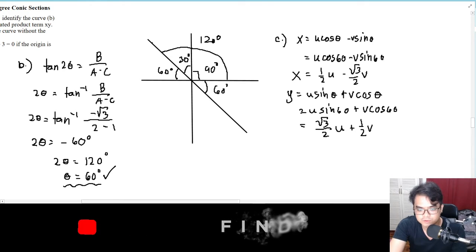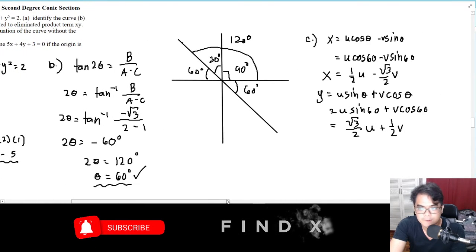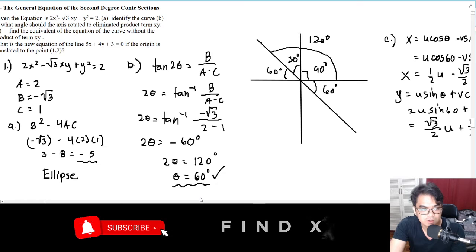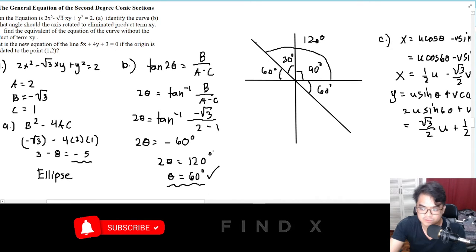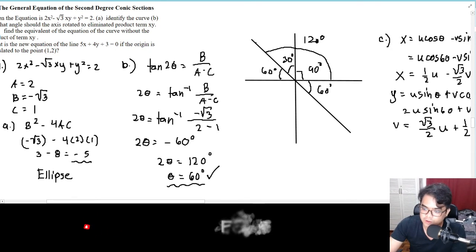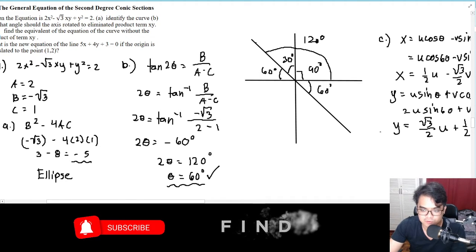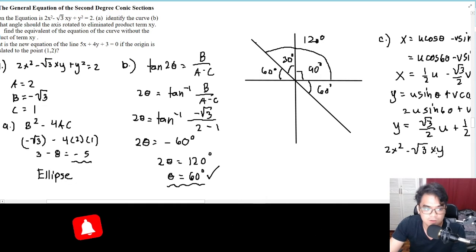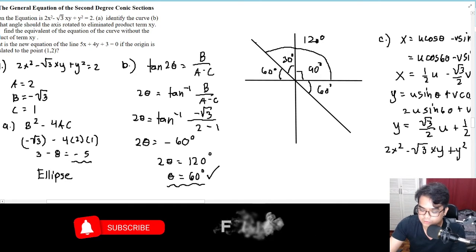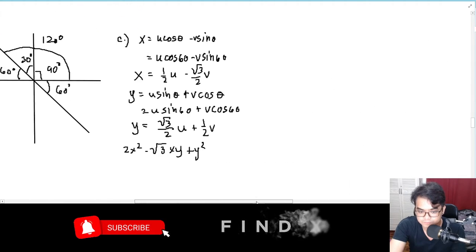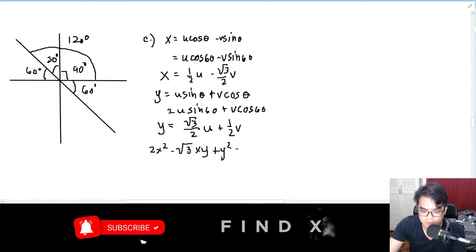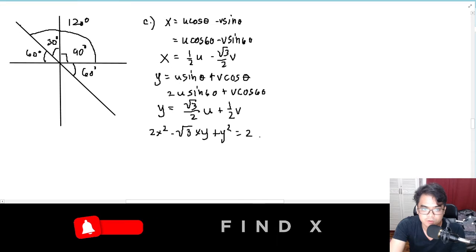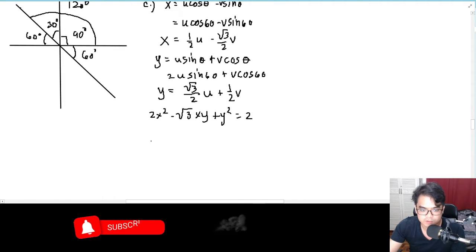With that, all you have to do is substitute those values into the original equation, which is 2x squared minus square root of 3 xy plus y squared equal to 2. So let's substitute.